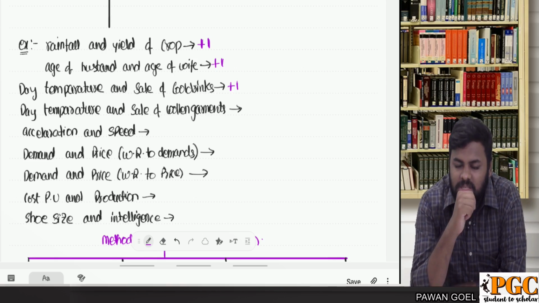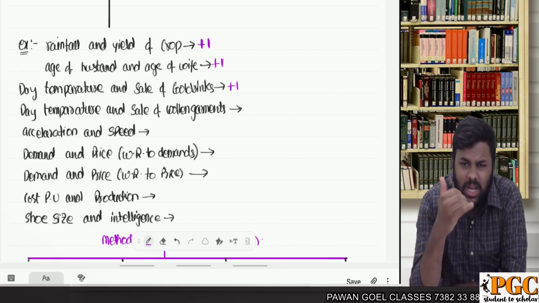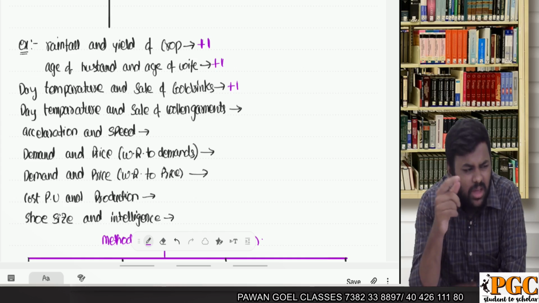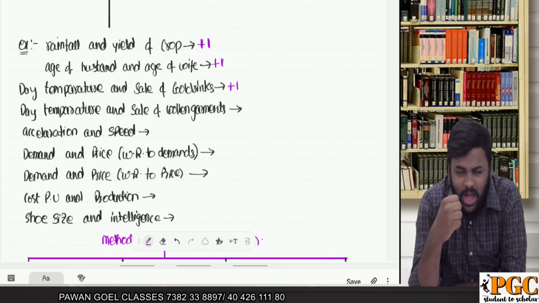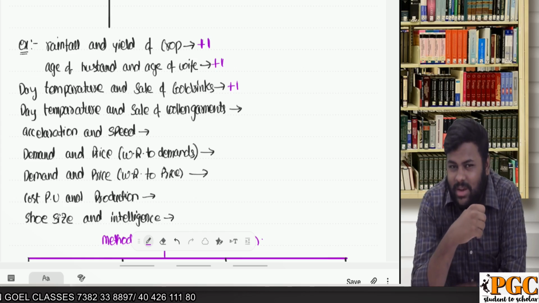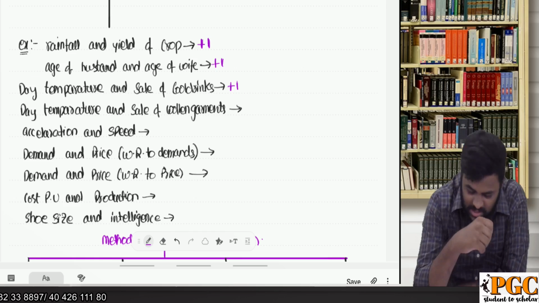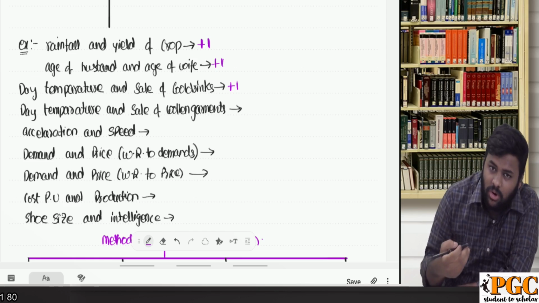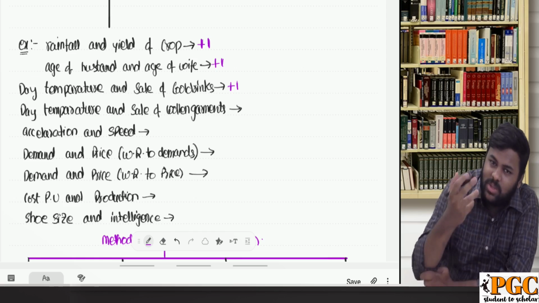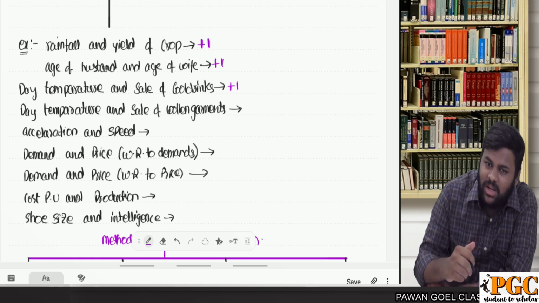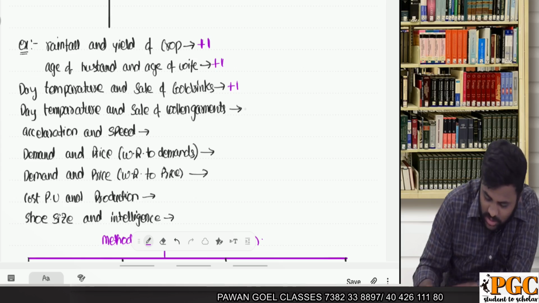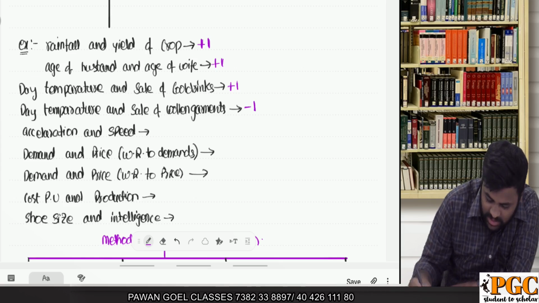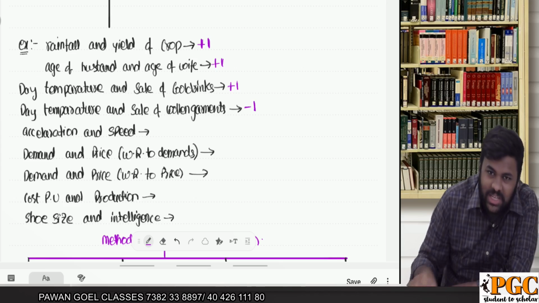When the day temperature is increasing, will you tend to wear woolen garments? No, right? When you are not showing interest to wear, why are you supposed to buy those garments? So as the day temperature increases, sale of woolen garments reduces. So correlation is -1.